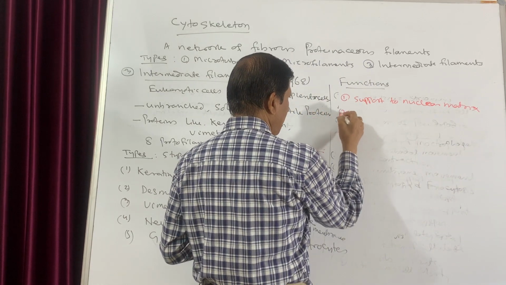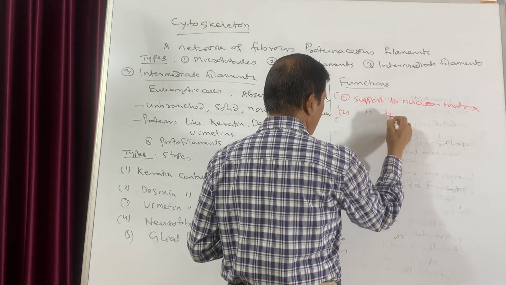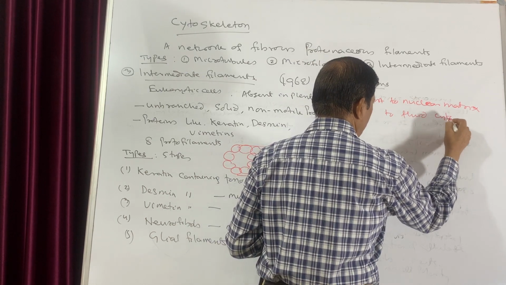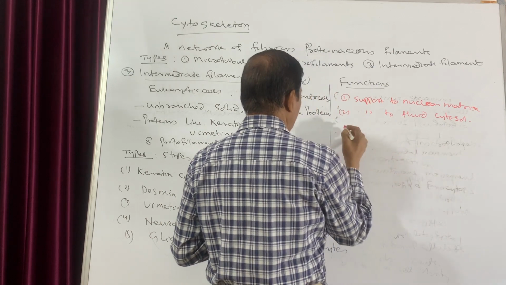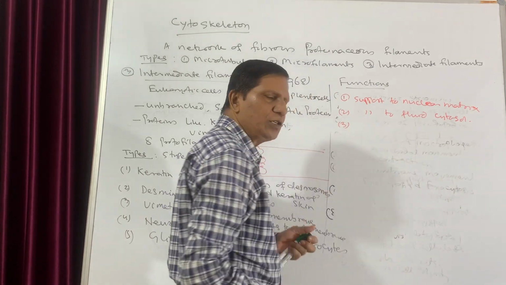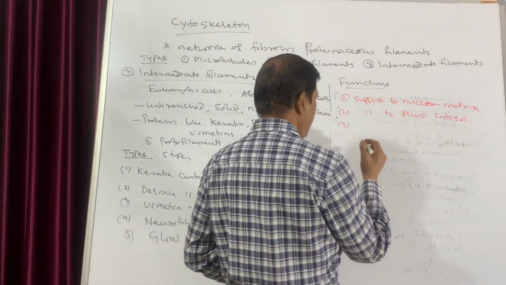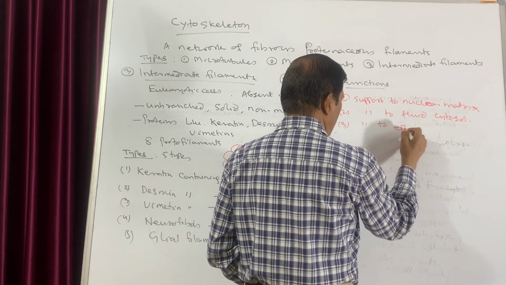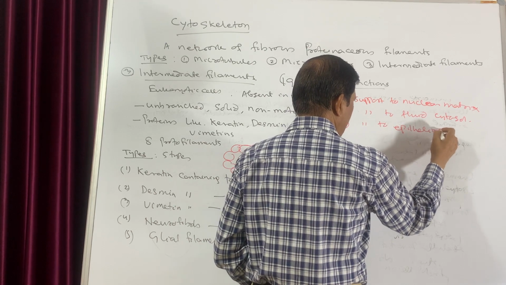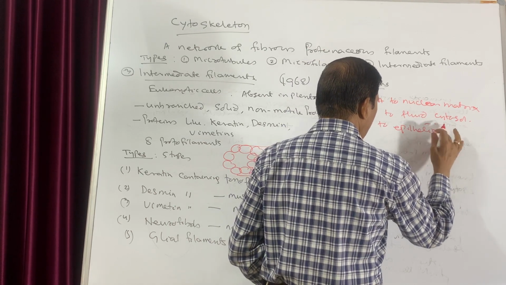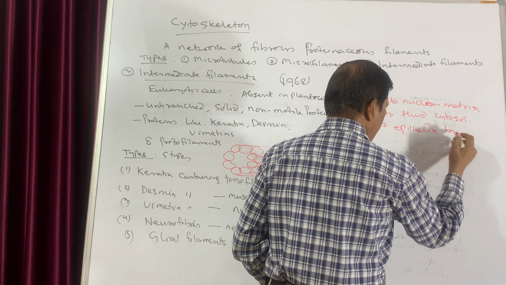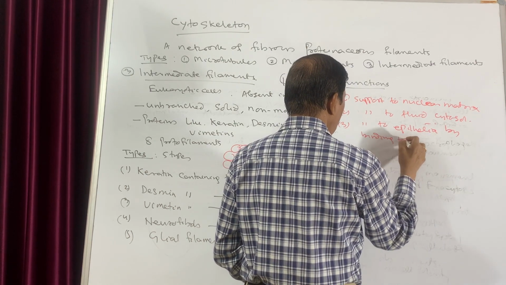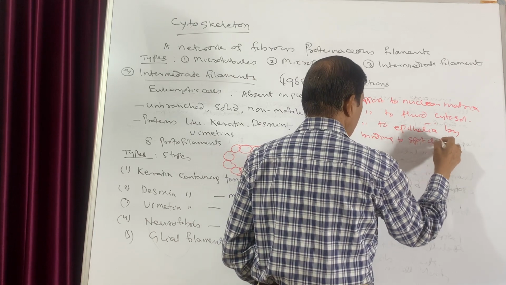The second one is support to the fluid cytosol. The third one, it also gives support to the epidermis, that is, support to the epithelia by binding to spot desmosomes.